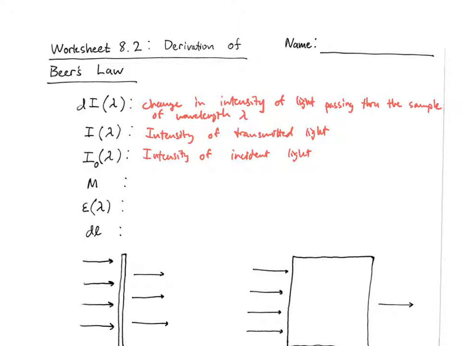And then M is the concentration of the absorber, which most likely is a solution of some kind. Maybe it's a solution of dye or some other absorptive material. Okay, and then epsilon lambda is the molar absorption coefficient at the wavelength lambda.